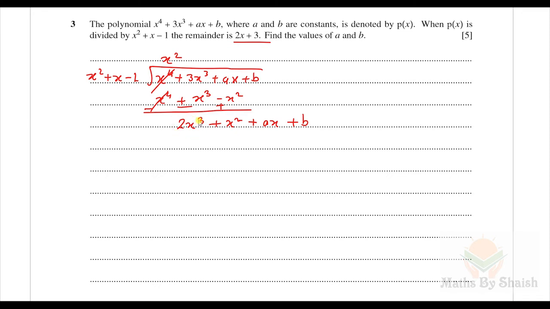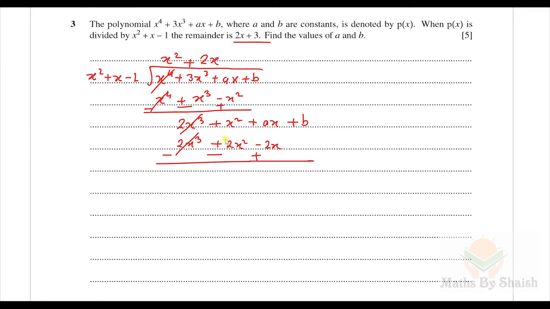Now the leading term is 2x cube, and the leading term of the divisor is x square, so it would be 2 times x. Multiplying by 2x, we get 2x cube plus 2x square minus 2x. Again change the sign.